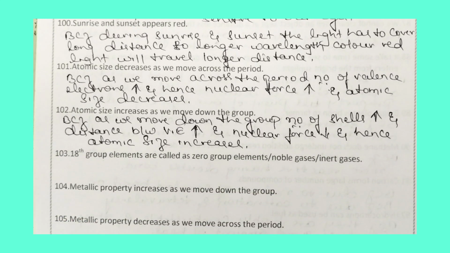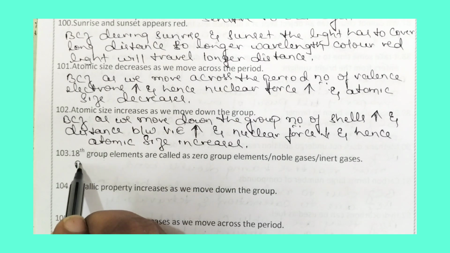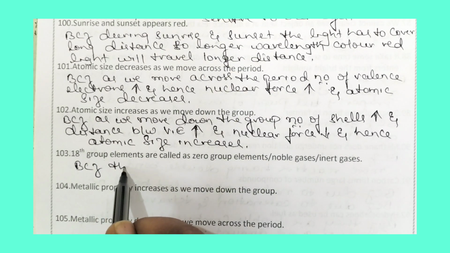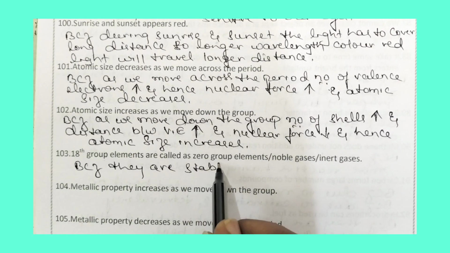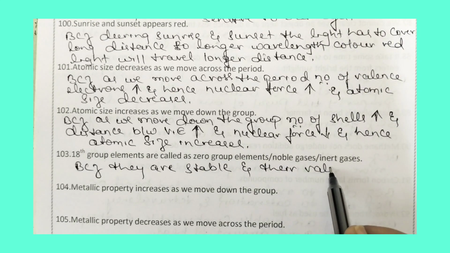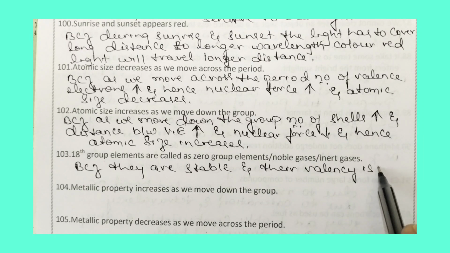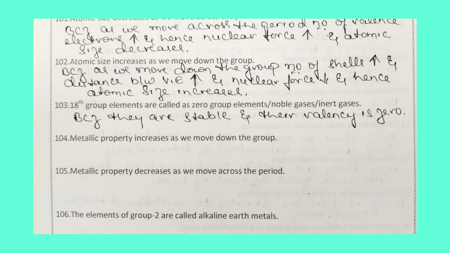Next question number 103. 18th group elements are called zero group elements or noble gases or inert gases. So let us write the answer because they are stable and their valency is zero. Next question number 104. Metallic property increases as we move down the group.